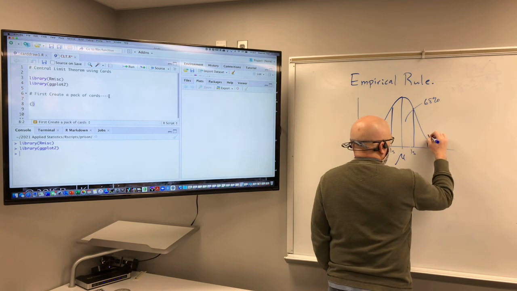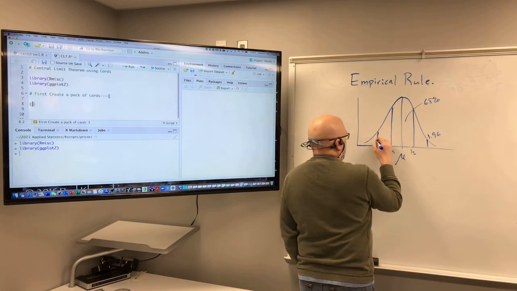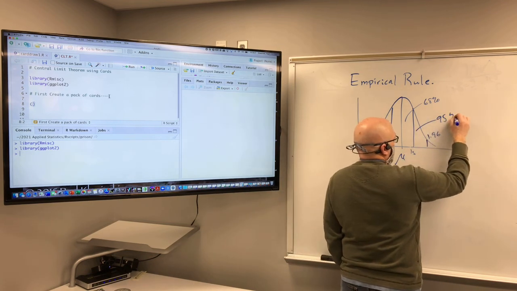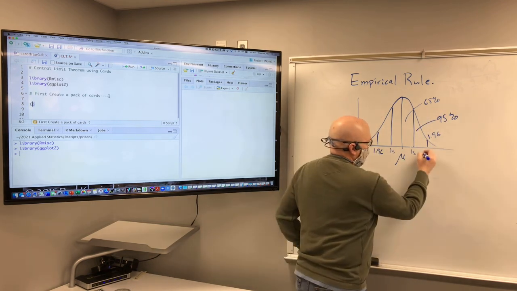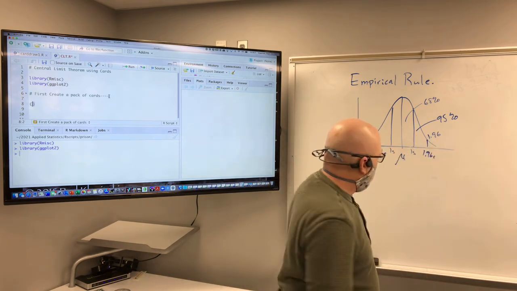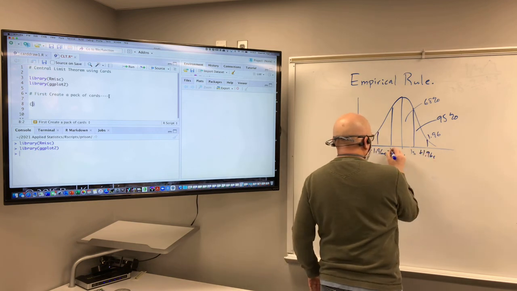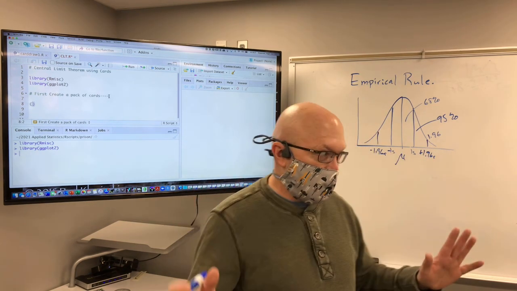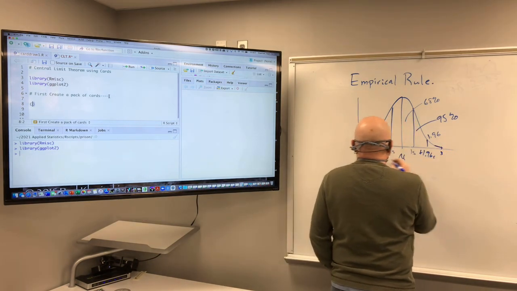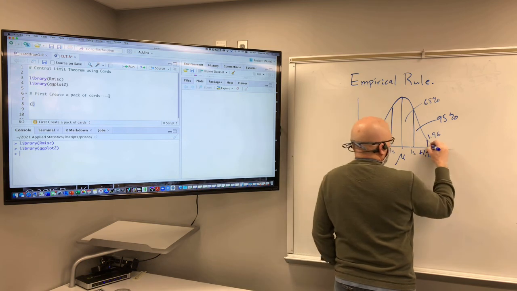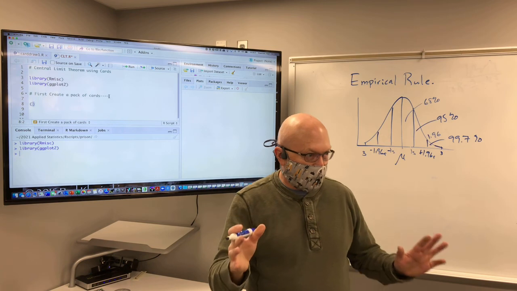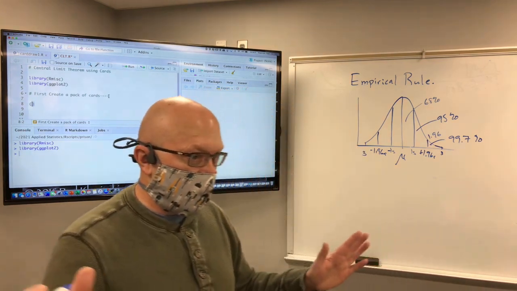Go out to 1.96 standard deviations of the mean, and now 95% of the observations fall between plus 1.96 and minus 1.96 standard deviations of the mean. And if you go out to 3 standard deviations of the mean, something like 99.7% of the observations fall within those 2 values.